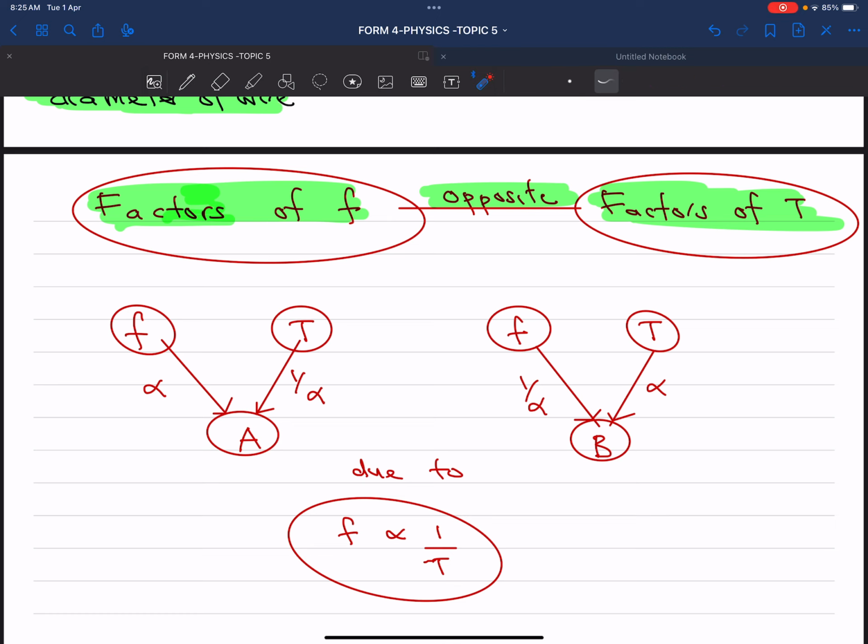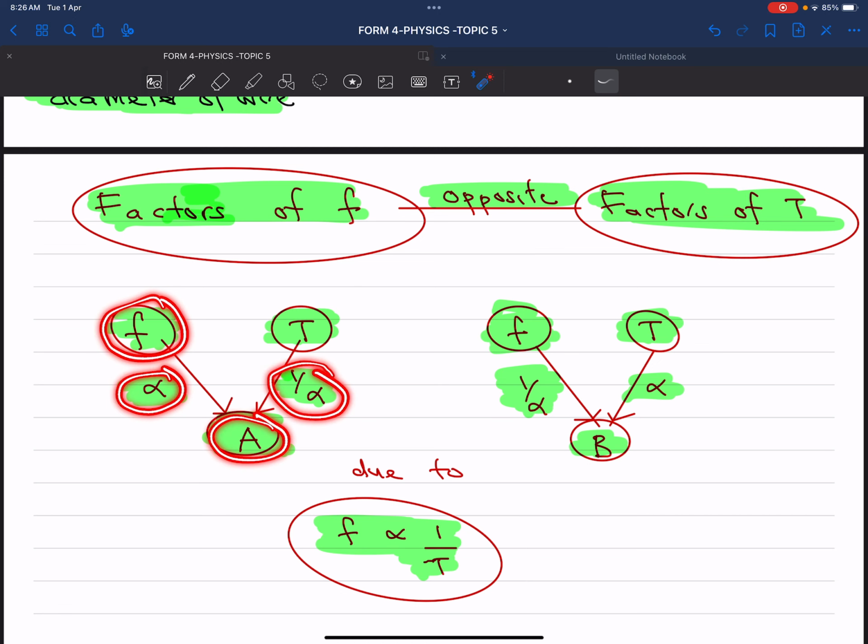For example, if frequency is proportional to a factor A, which can be any factor, the period must be inverse to A. And if the frequency is inverse to a factor B, then the period will be proportional. So f and T are exactly the opposite. Why? Because frequency is inverse to period, so any factor proportional to frequency must be inverse to period.